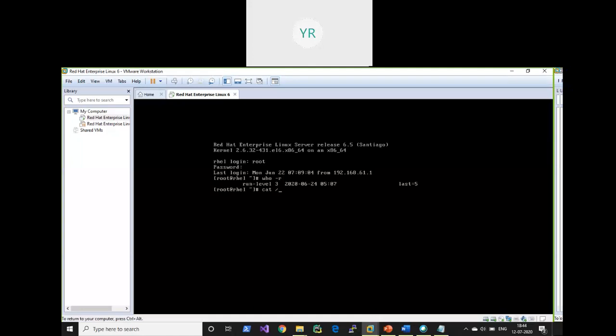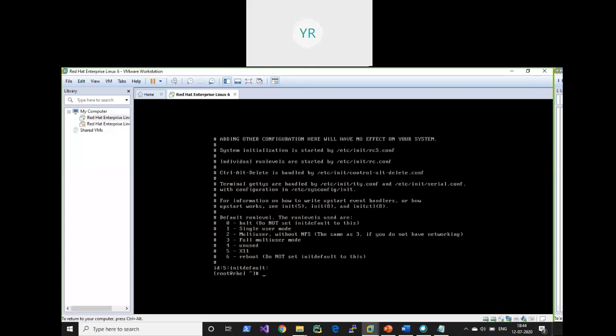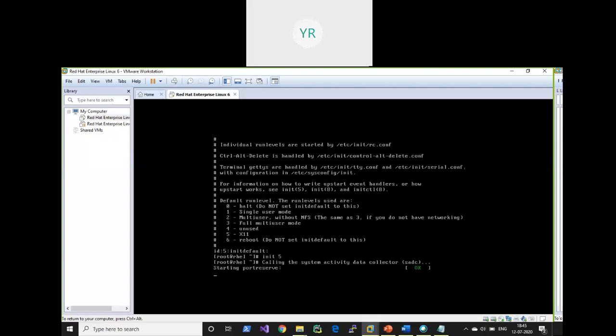Again, if you check /etc/inittab, look here: id:5 init default, so it is still 5 only. After reboot, it will load with 5 again. By using the init 3 command I have changed it only temporarily. After the next reboot, it will change back. Again I'm going back to init 5.